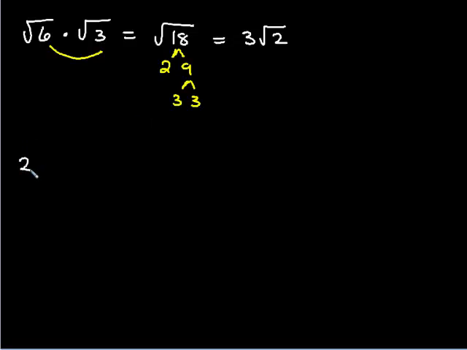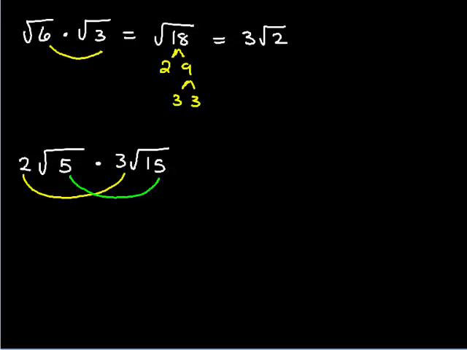If I have a term outside of the radical, for example, 2 times the square root of 5 and 3 times the square root of 15, I'm going to multiply the 2 and the 3, and I'm going to multiply the 5 and the 15. So I multiply things that are alike with each other.